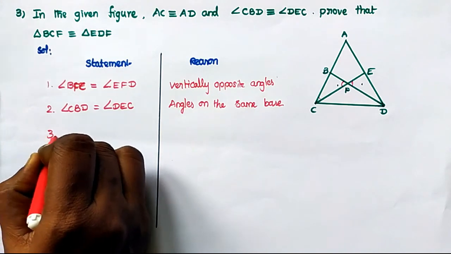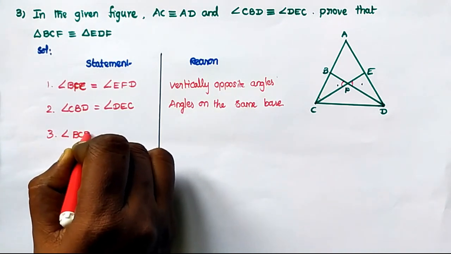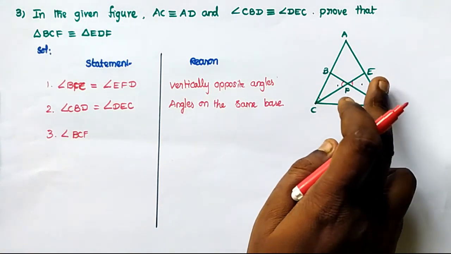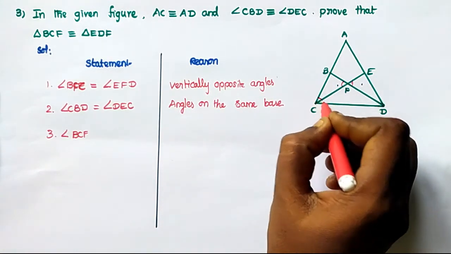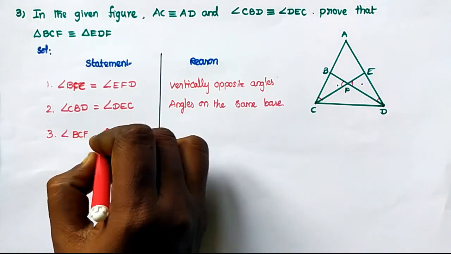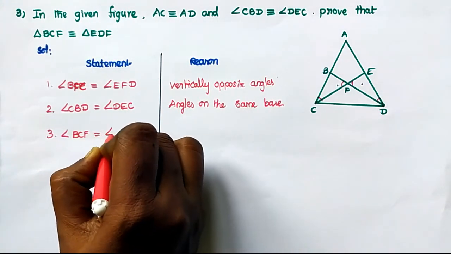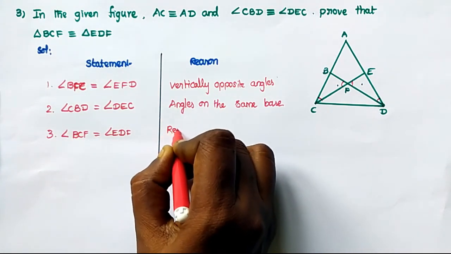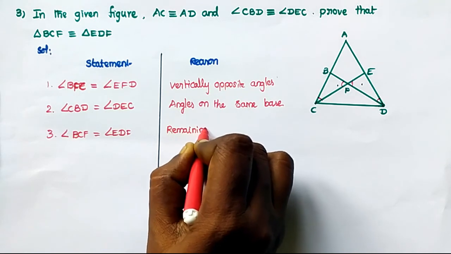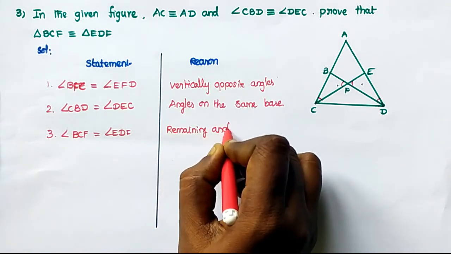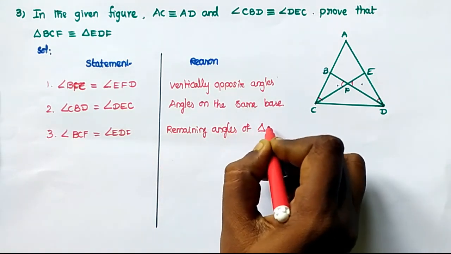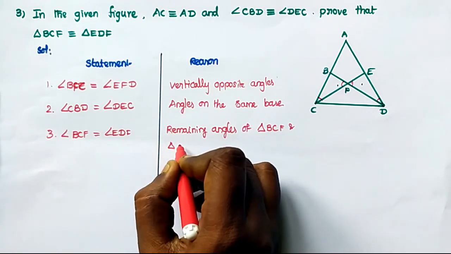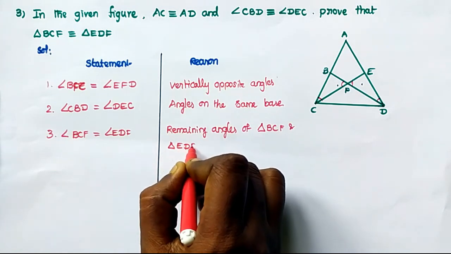Next, angle BCF equal to angle EDF. These two angles are equal. That is the remaining angles of triangle BCF and triangle EDF.